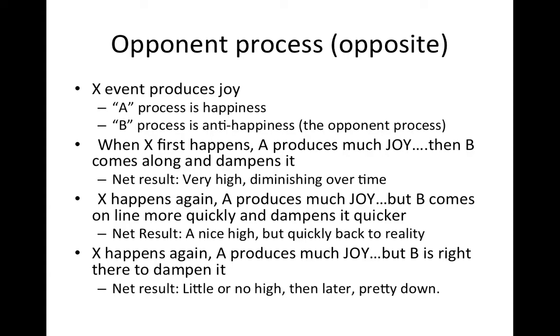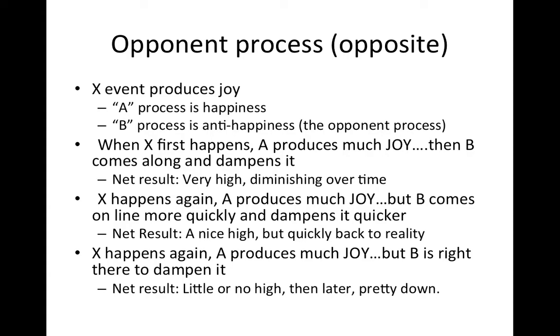So for emotional sorts of events, or emotive behavioral events, if you will, if we talk about X event producing joy, if something happens and you're very joyous, the opponent process theory people talk about an A process and a B process. One being the positive joy, happiness, and B being anti-happiness, or the opposite, or the opponent process of A.